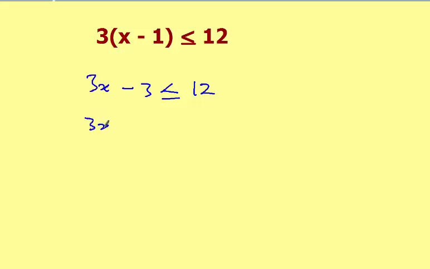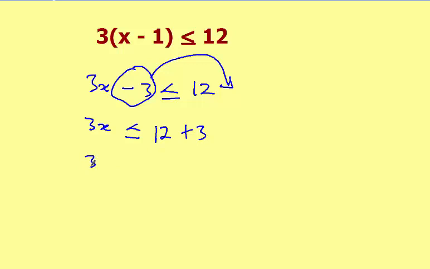So 3x less or equal, this being negative 3, when it moves to this side is going to be positive 3. Therefore 3x is less or equal 15. Good. Let's divide here by 3. Let's divide here by 3.